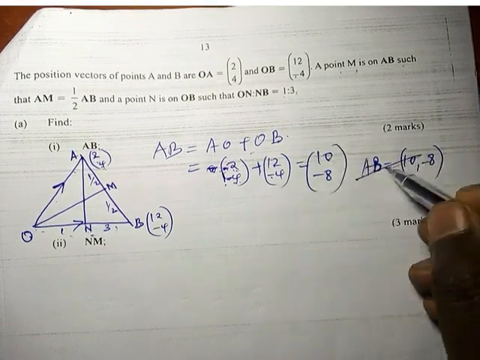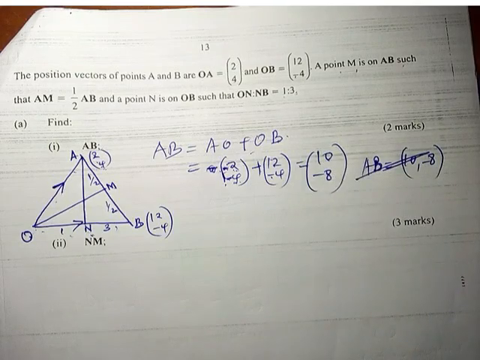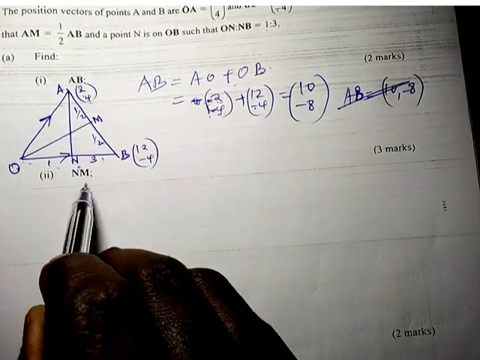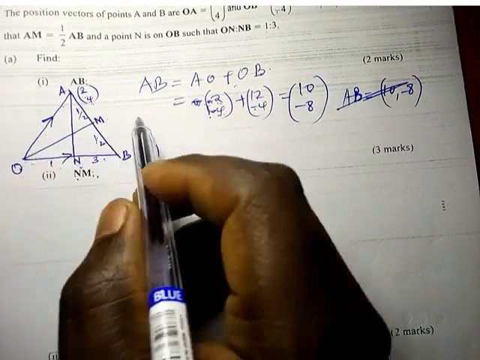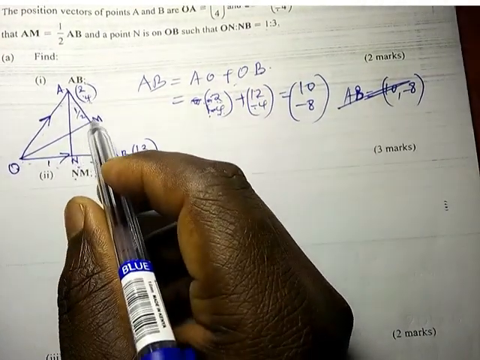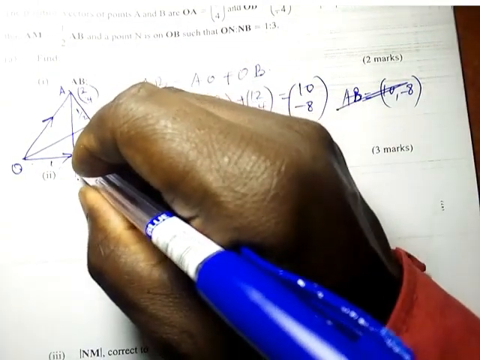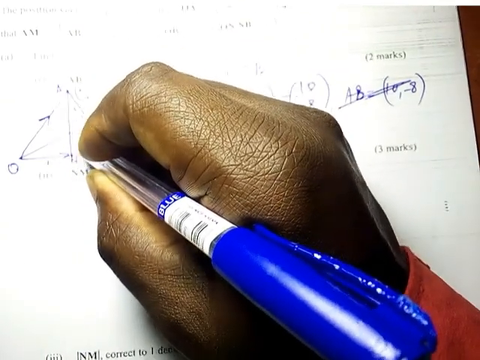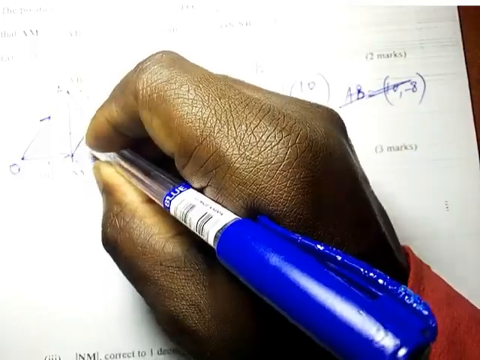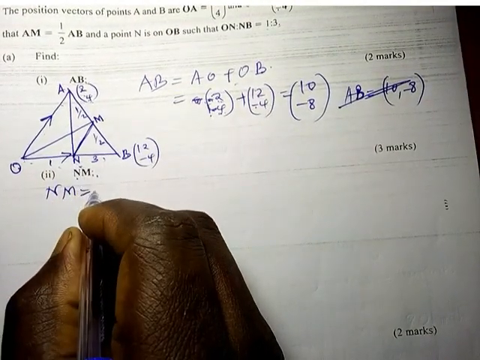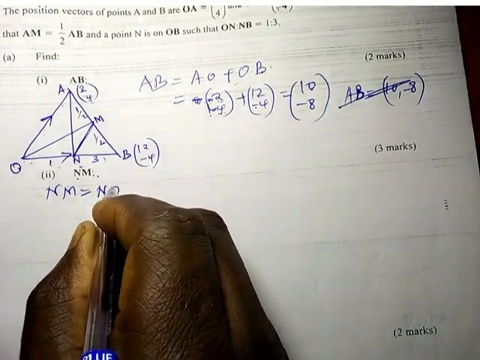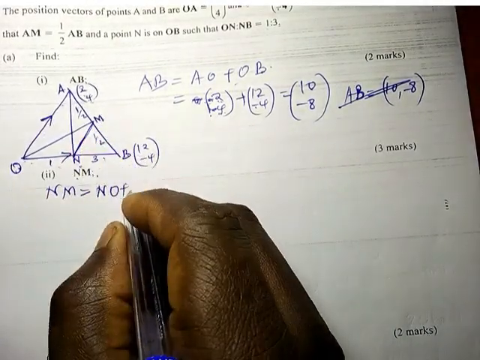I think we should write it in column vector, in column form. MN, M. So we want this one, NM. So NM is equal to NO plus OM.